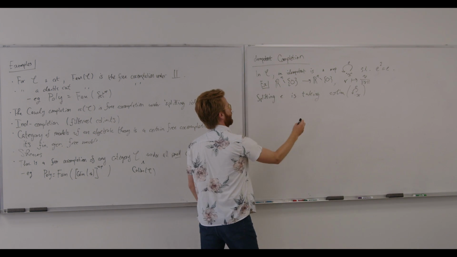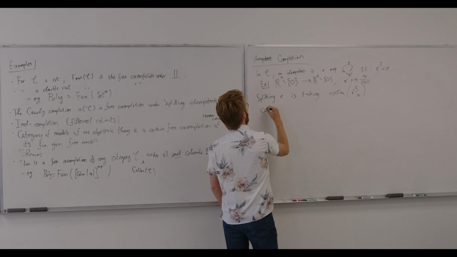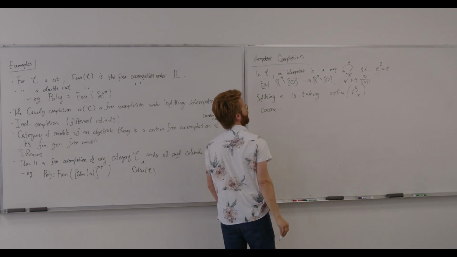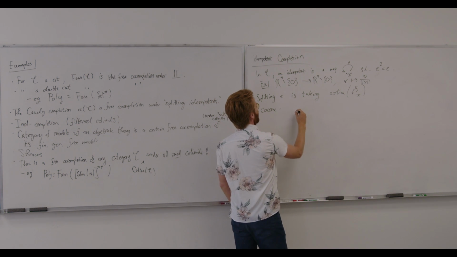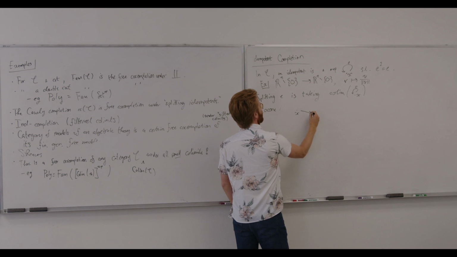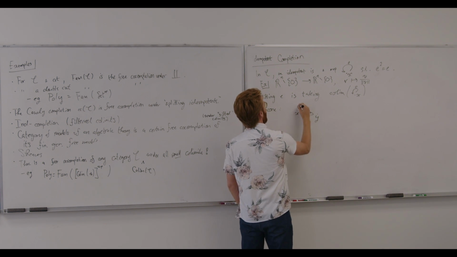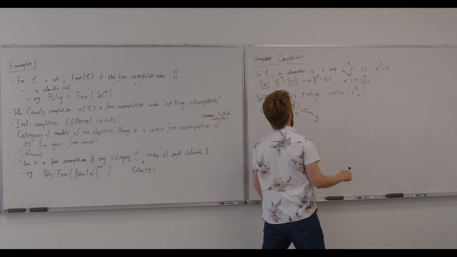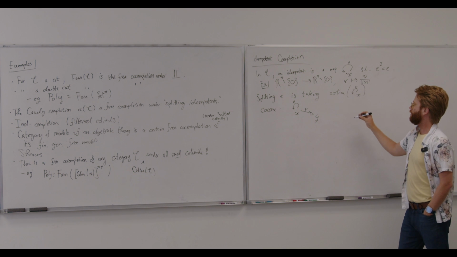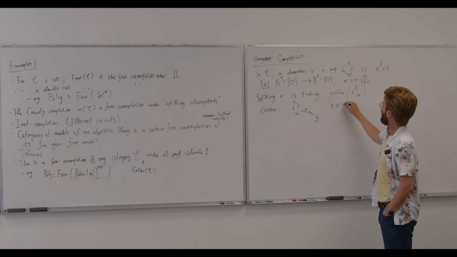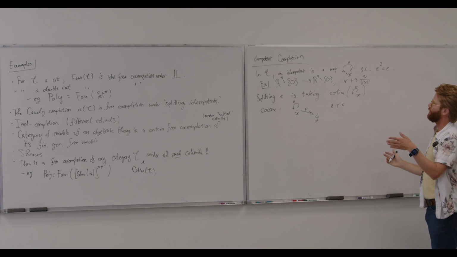It means I need a cocone under that diagram that will also be universal. What's a cocone? I have a map from x to some y, which I'll call R. And to be a cocone, I need E then R to be R again.